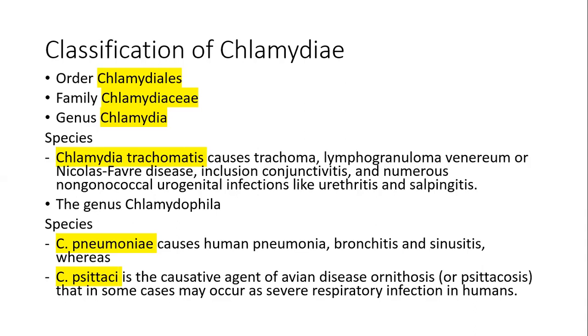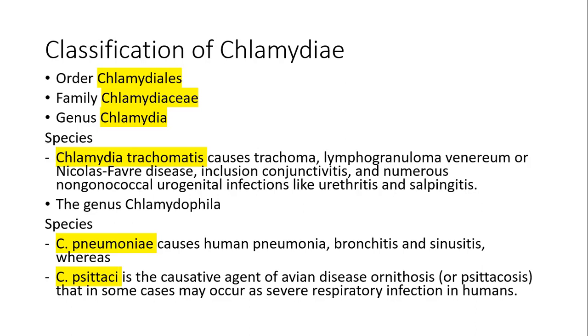Chlamydia pneumoniae causes human pneumonia, bronchitis, and sinusitis. And Chlamydia psittaci is the causative agent of the avian disease ornithosis, psittacosis, which may cause respiratory infection in humans.